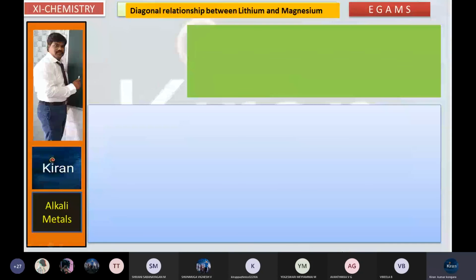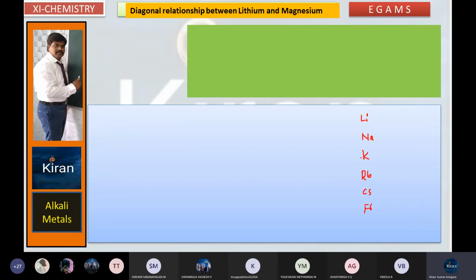Next topic, diagonal relationship between lithium and magnesium. We studied in our periodic table classification lesson that in any group, all the elements have similar characteristic properties. For example, lithium, sodium, potassium, rubidium, cesium, and francium.